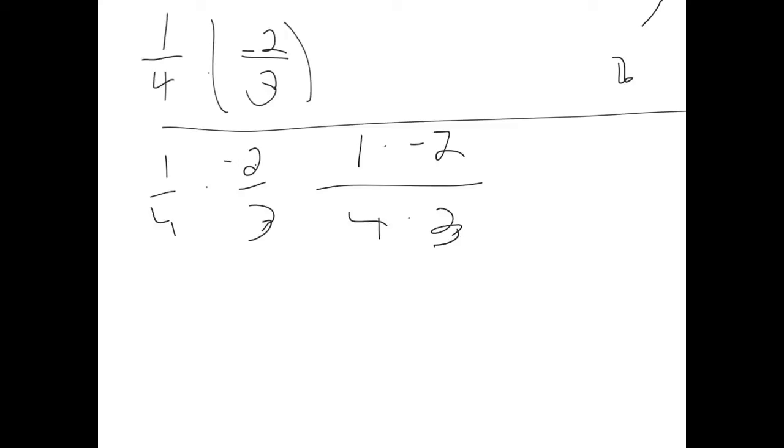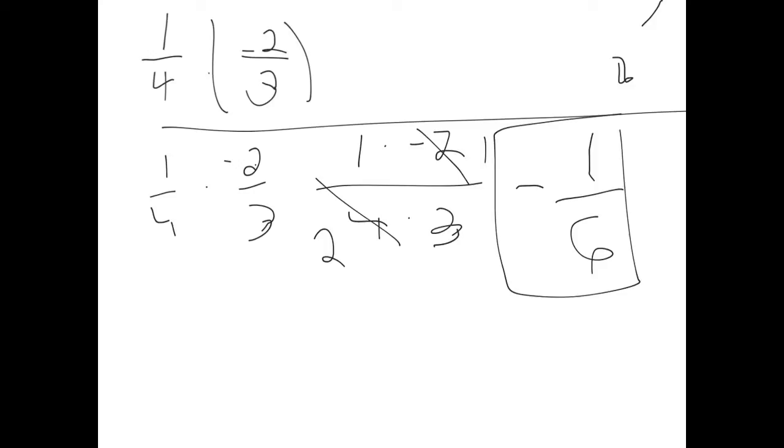Negative 2 goes into 4 2 times. Cross this out, 1. Cross this out, that will become a 2. 1 times 1 is 1 over 2 times 3 is 6. Since we have opposite signs, it is a negative. That is your answer.